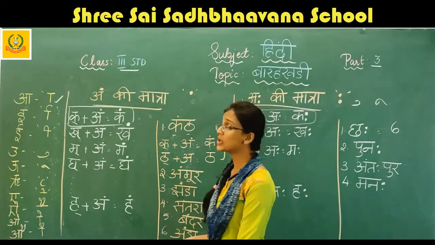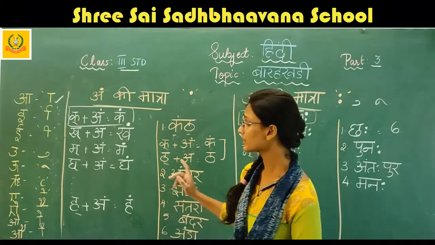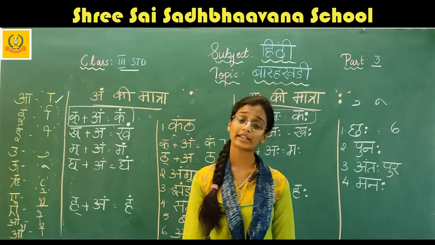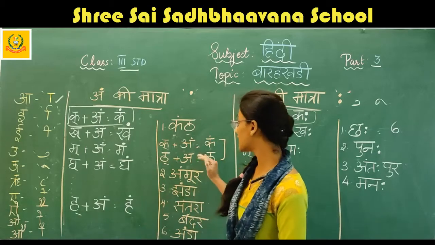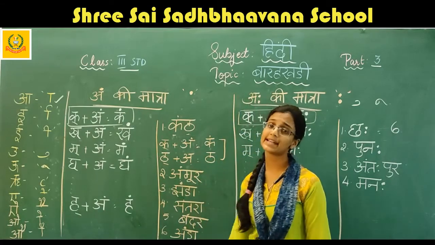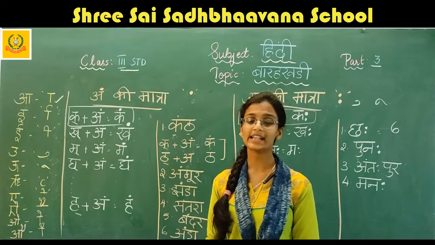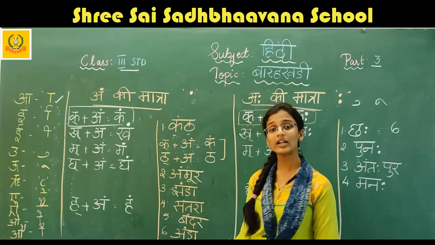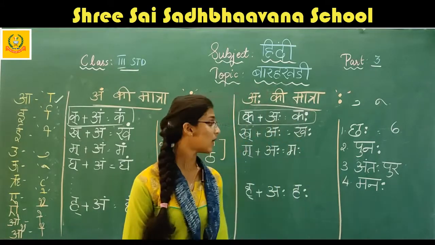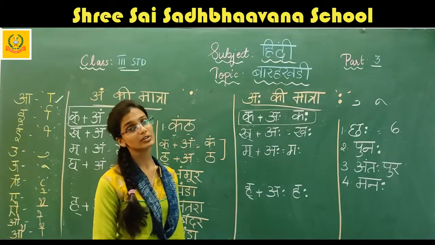So children, in today's class, we learned I ki matra to aha ki matra. I gave examples. In examples, one example I expanded and wrote for y'all, and I have given all other examples for y'all to write.